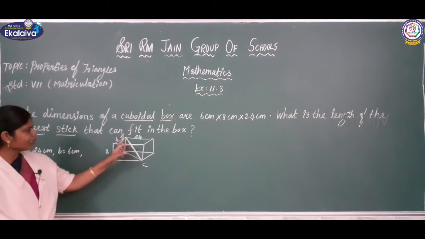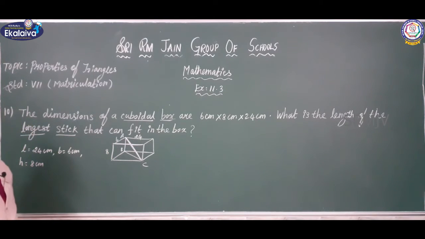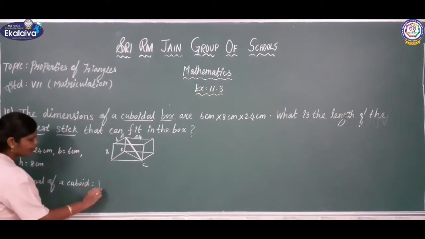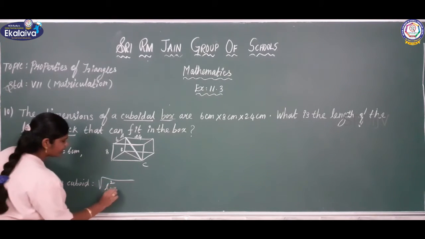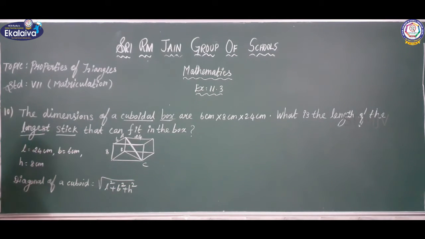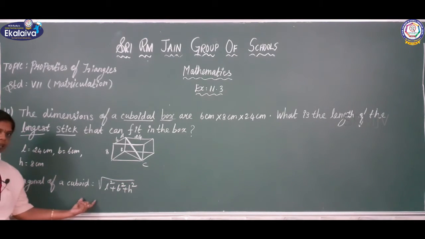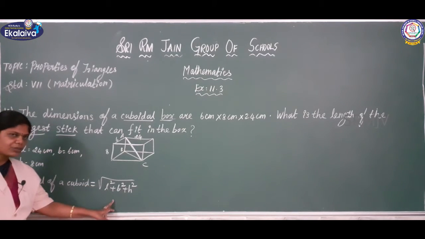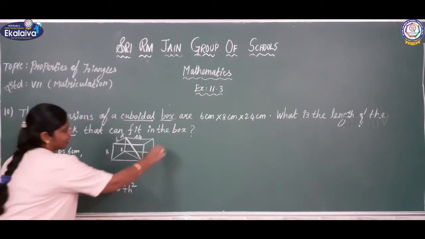So diagonal of a cuboid equal to root of L square plus B square plus H square. What is the formula, children? Diagonal of a cuboid equal to root of L square plus B square plus H square.